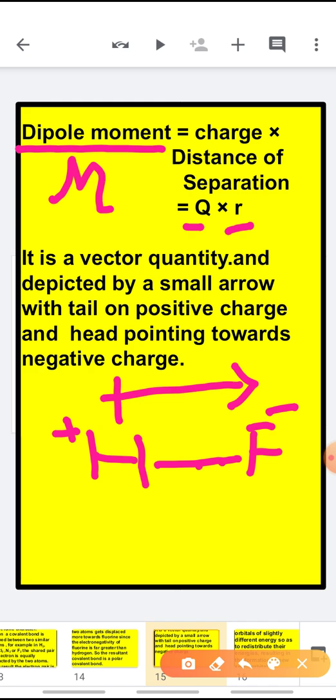Now here there will be some resultant dipole also. Now children, you have to remember that the unit to measure the dipole moment, you all know, charge is in coulombs and distance is in meters. So it will be coulomb meter. Simply it is called D.